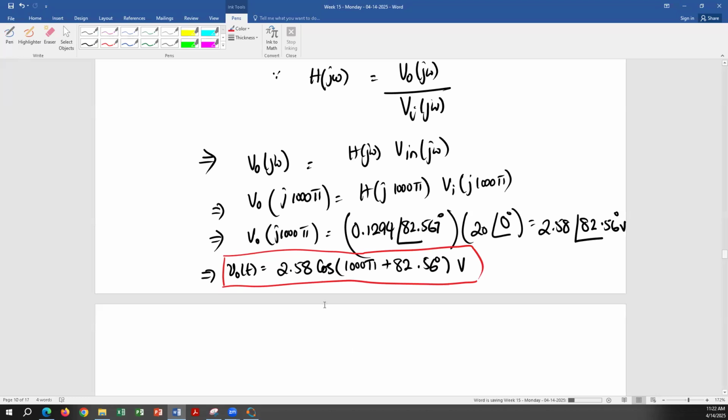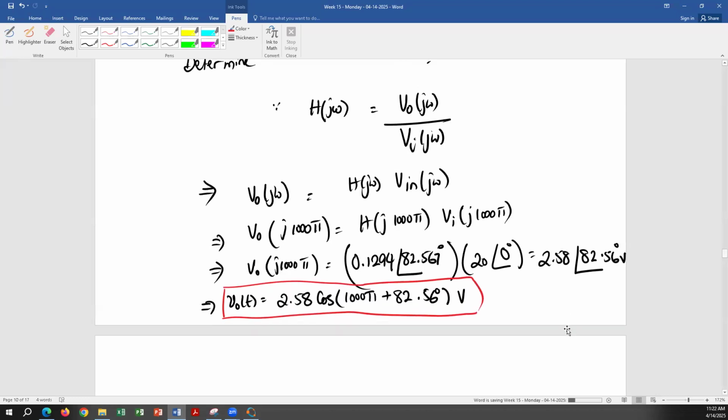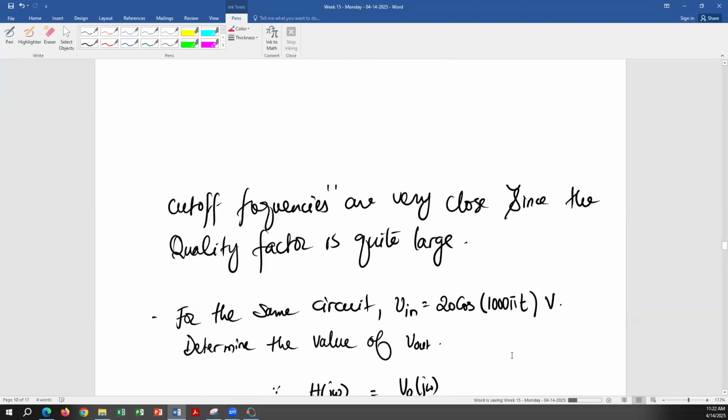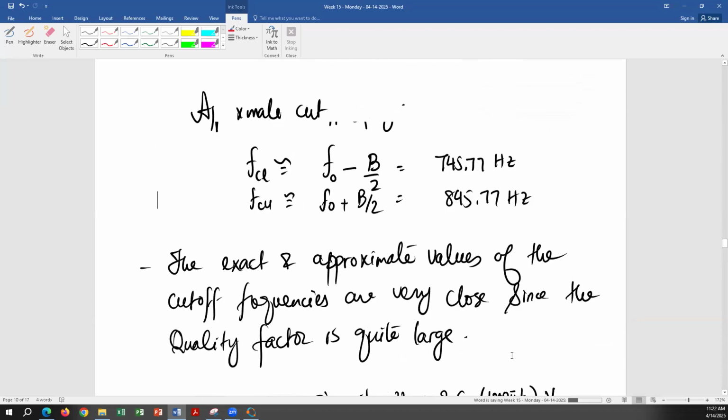Output, as you can see, is smaller than the value of the input, 2.58, because the circuit is operating at 500 hertz, which is below the cutoff frequency. At cutoff frequency, remember, it's going to be 0.707 times the input magnitude, so 0.707 times 20, about 14 volt at the cutoff frequency at 745.